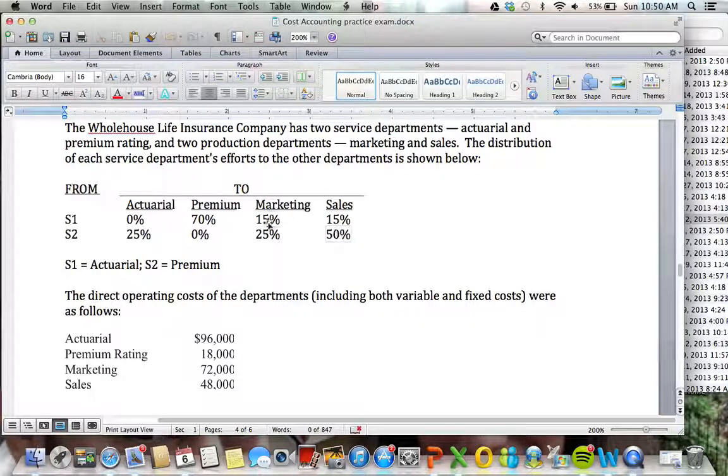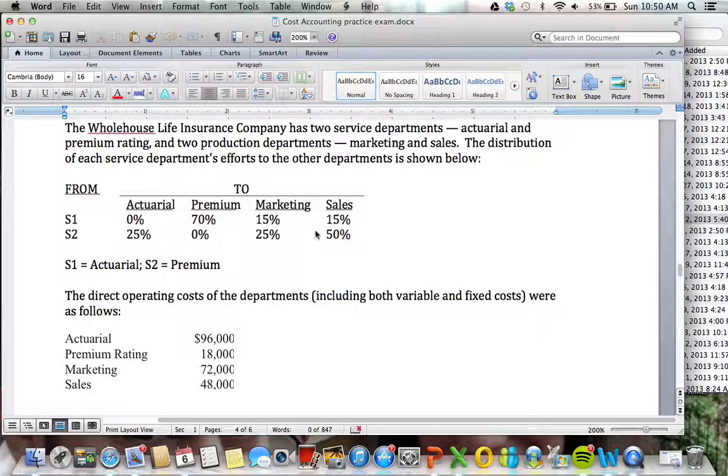Marketing is using 15% of actuarial. Sales is using 15% of actuarial. And then marketing is using 25% of premium. And sales is using 50% of premium.